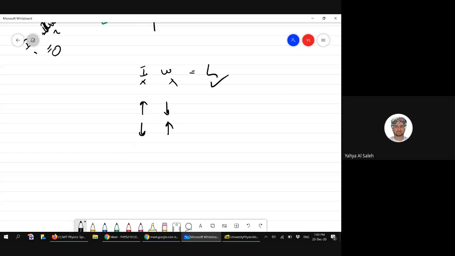But L will remain the same. If R, for example, decreases, this might decrease, which means we will end up with this situation. Or in some instances, it might increase, which means we'll end up in this situation.